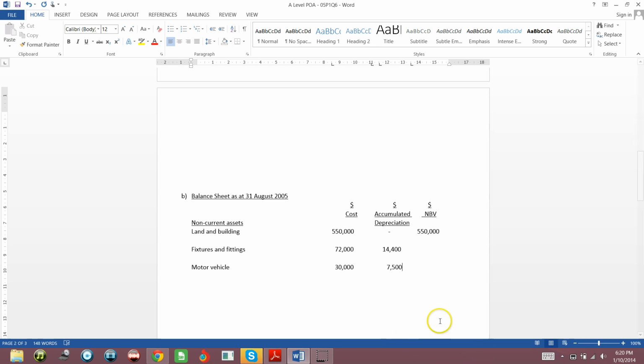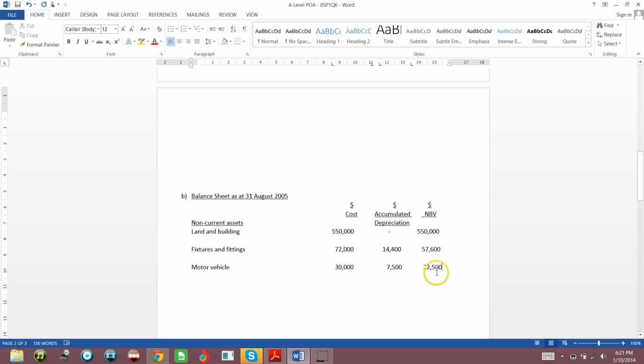So for the fixture and fittings, the net book value is the cost minus accumulated depreciation, so you take your calculator: 72,000 minus 14,400 is 57,600. And for this one, 30,000 minus 7,500 will be 22,500.